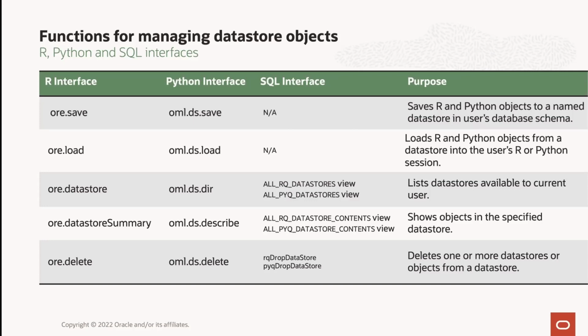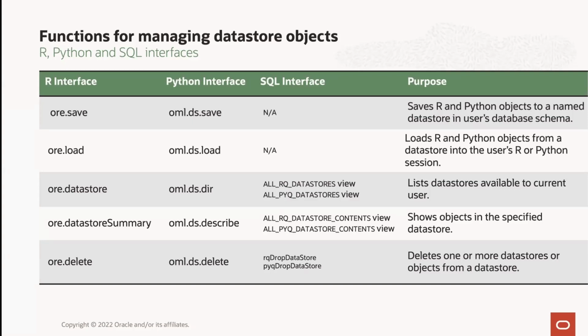And so the ore.save and the oml.ds.save functions save R and Python objects to a named data store in the user's database schema. The ore.load or the oml.ds.load functions load R and Python objects from a data store into the user's R or Python current session.